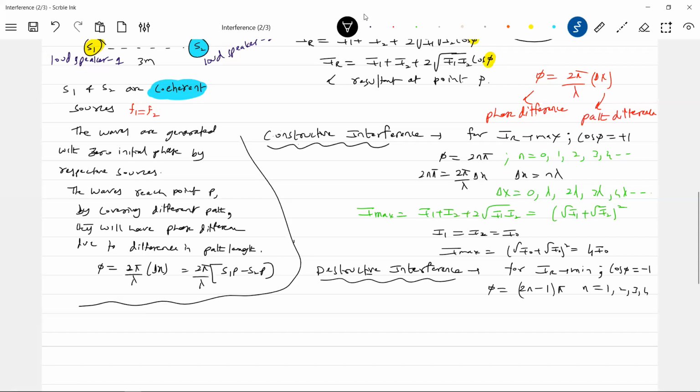Okay, then if I substitute this, 2n minus 1 pi equals 2 pi by lambda times delta x.